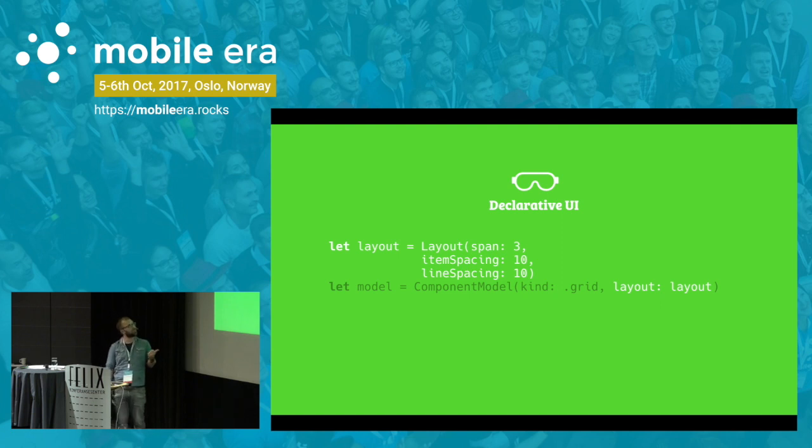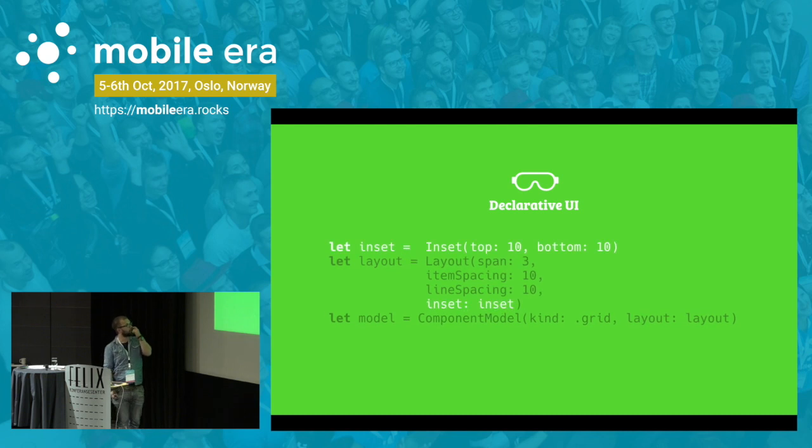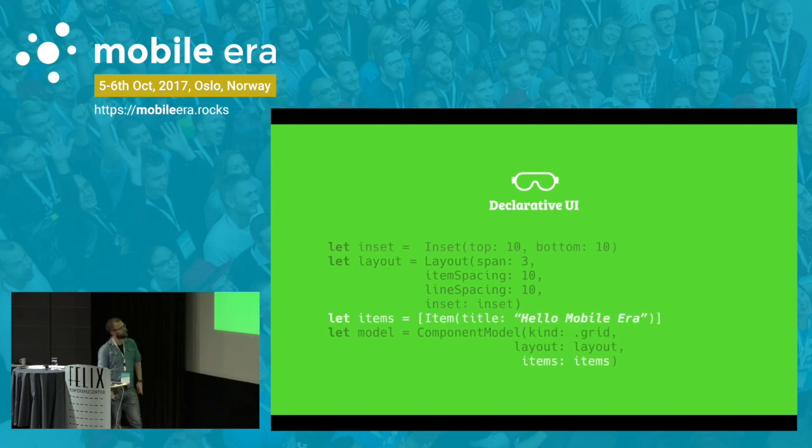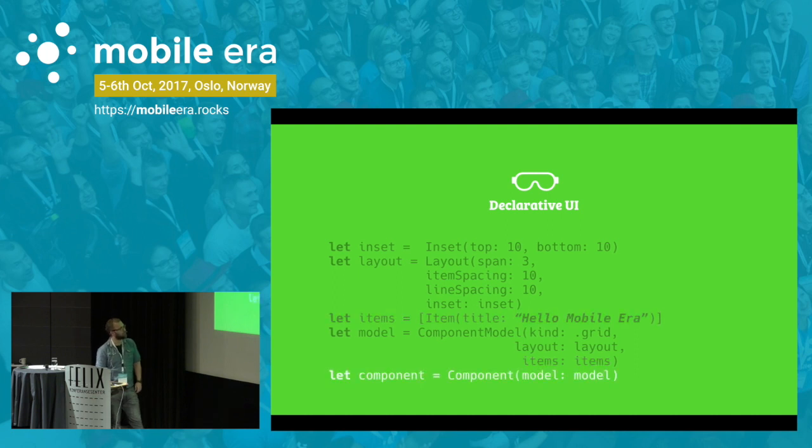I'm going to get an item spacing of 10 and a line spacing of 10 to get some breathing room between the items. I can also add some insets at the top and the bottom. And if I do decide to add a view, in this case, we decided to call it an item. Just by looking at this, we can turn this into a UI by just calling component and giving it a model. By looking at this example, I can see that, okay, I'm adding one item.